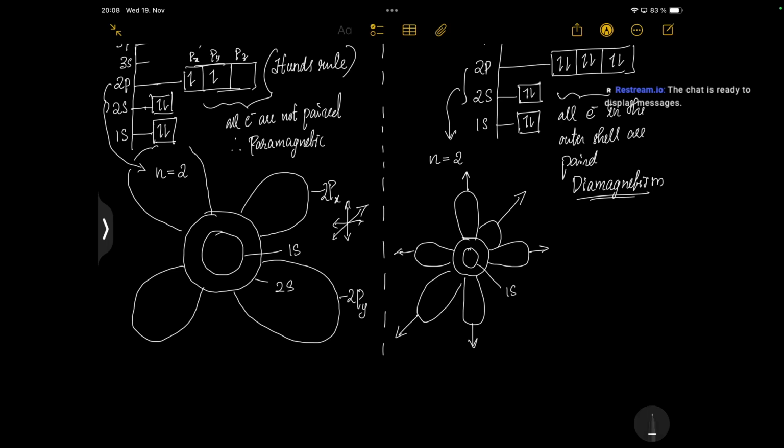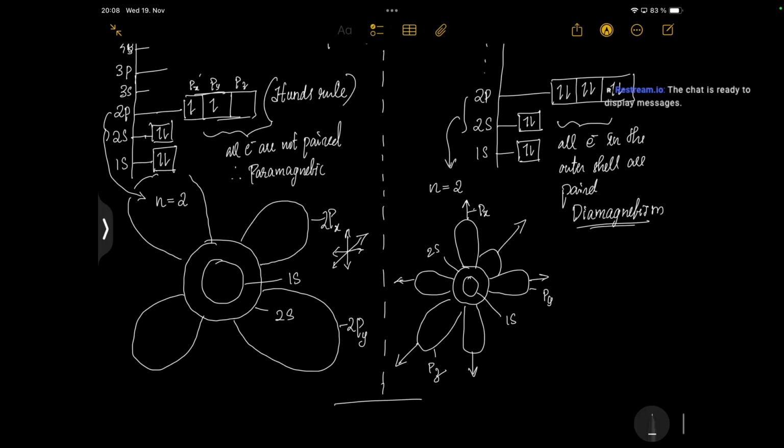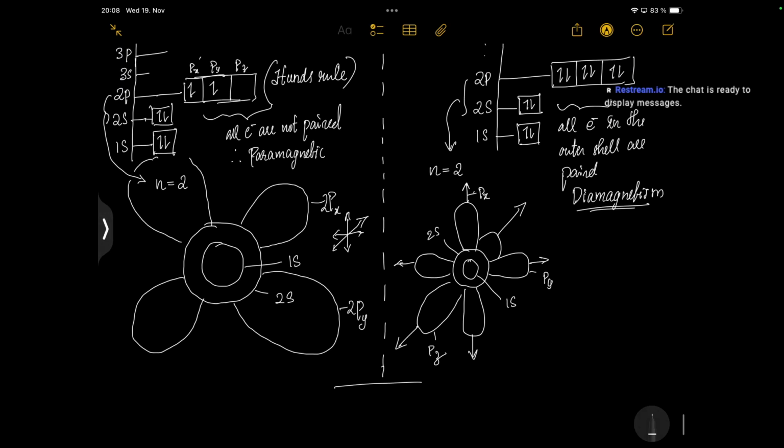This is how the atom should approximately look like.